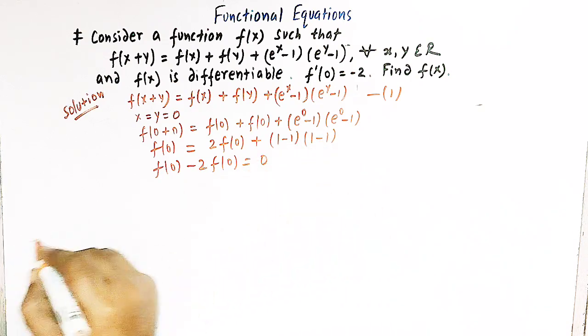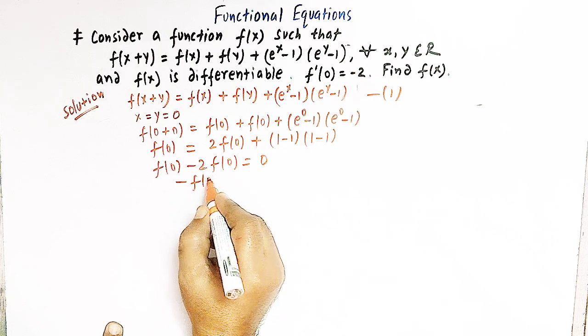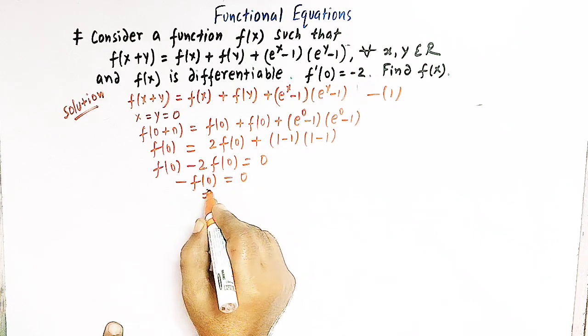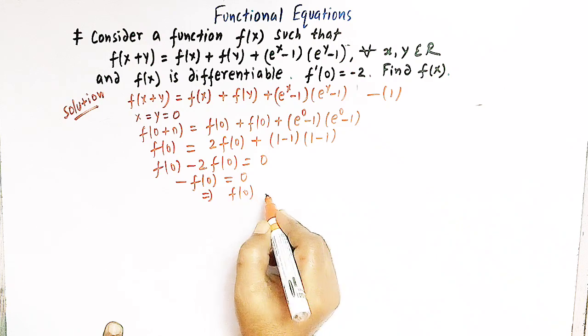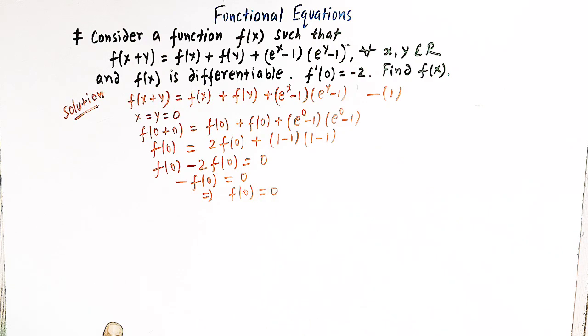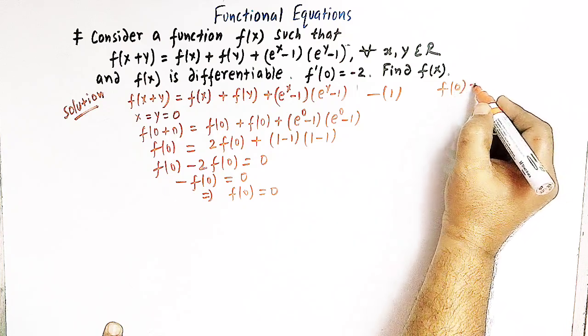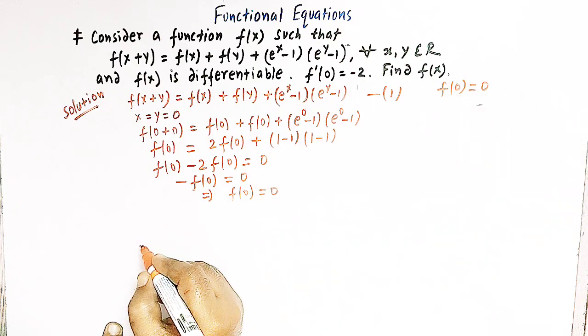So here we have 0. So we have minus f of 0 is equal to 0, and this implies that f of 0 is equal to 0, right? So we have an important result: f of 0 is equal to 0.